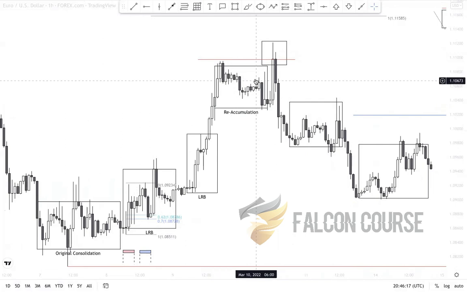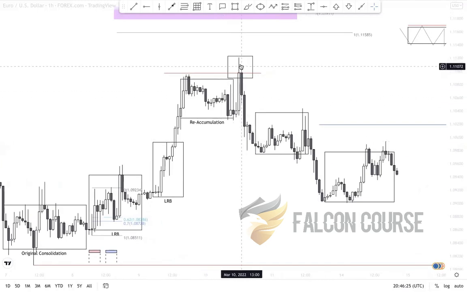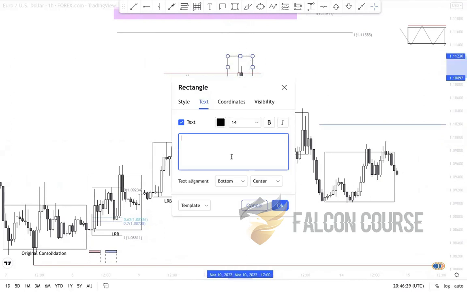So we were at the reaccumulation, and the final stage of this model would be something called the smart money reversal. That's the name of it. I usually just write SMR, or you can write it as smart money reversal.